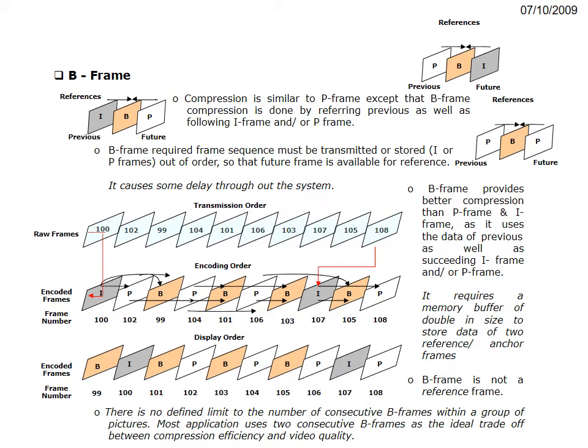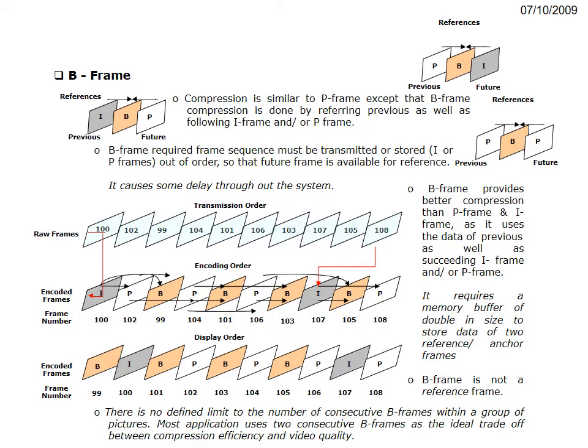This compression technique is similar to the P frame except that the compression is done by referring to the previous as well as the following I frame or P frame. Okay, so for B frames the frame sequence must be transmitted or stored out of order so that the future frame will be available for reference.